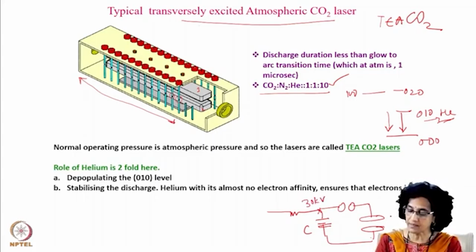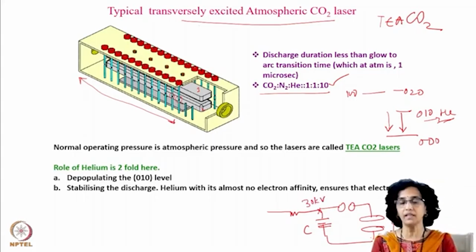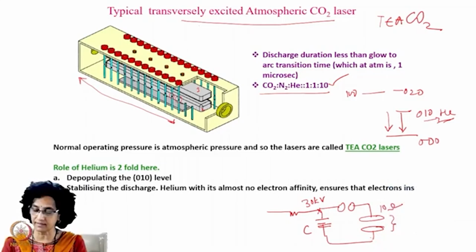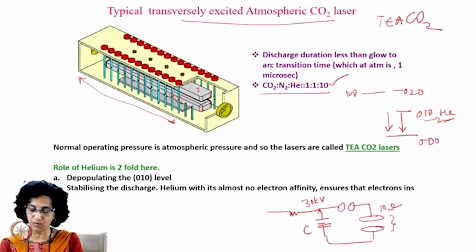The resistance encountered in a glow discharge is not more than a few tens of ohms. Suppose it is 10 ohm. Then you can see that the peak current that would flow is almost how much? 3 kiloamperes, right?